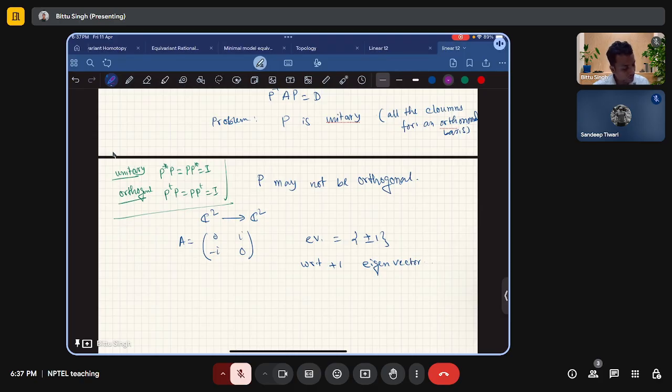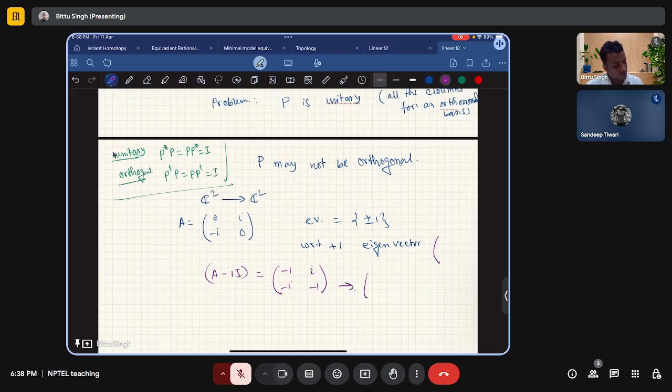we get the eigenvector this. Let us compute one eigenvector. What is A minus lambda I? That is A minus 1 I, which is the matrix minus 1, i; minus i, minus 1. If we row reduce, the second row will automatically be linearly dependent. Therefore only the first row will survive, and the second row becomes 0, 0.